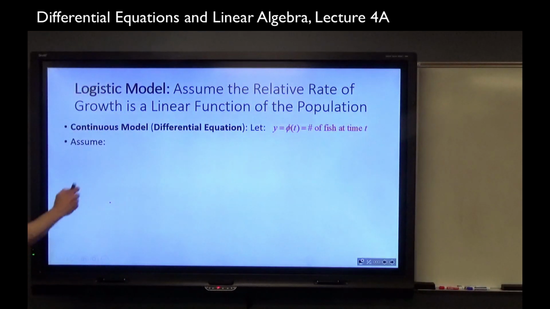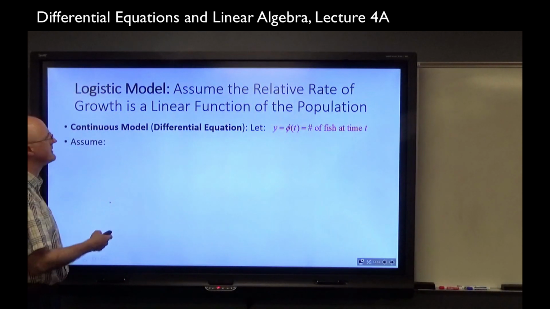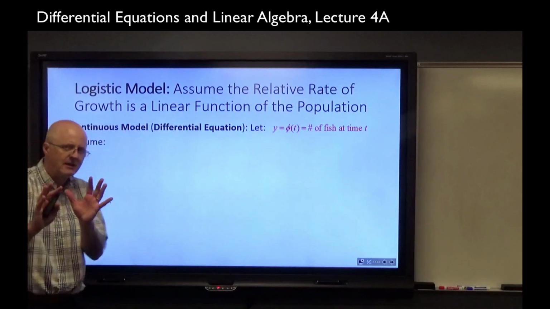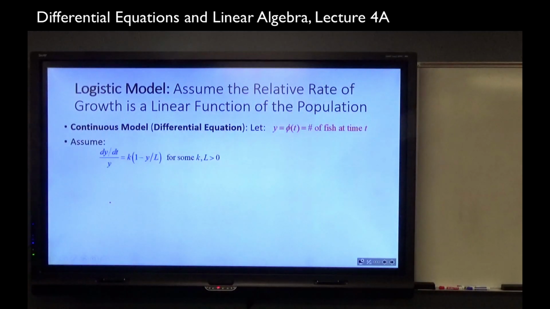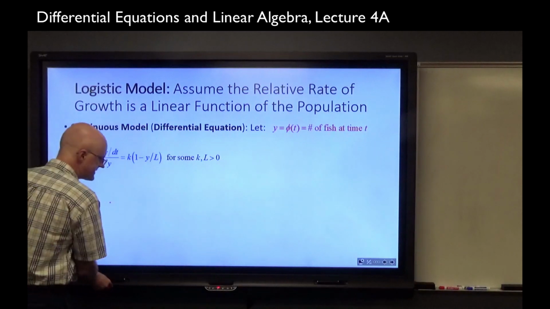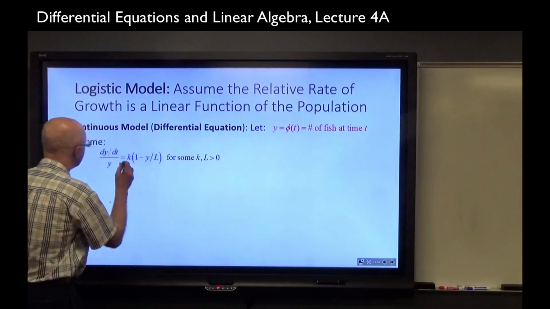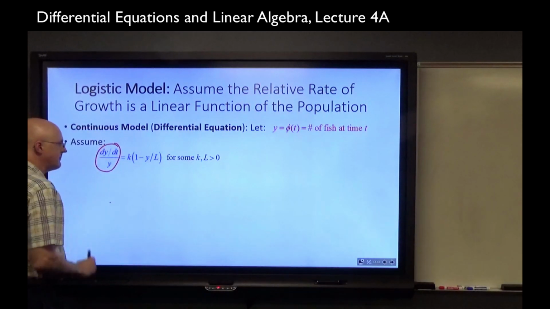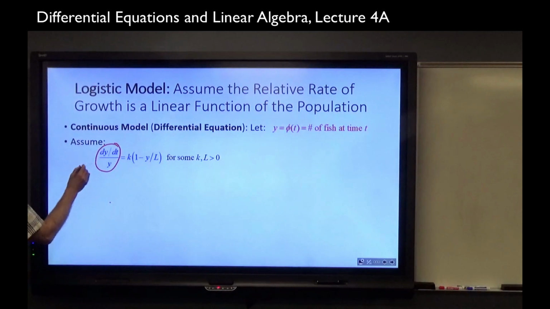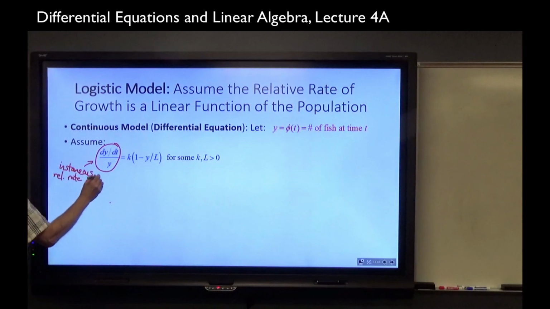What are we going to assume? The same thing. The relative rate of growth is a linear function of the population. It's going to be a little different, though, than the discrete case. First of all, this quantity right here, dy dt divided by y, is, in this continuous case, the instantaneous, emphasis on the word instantaneous, relative rate of growth, or I should say rate of change.